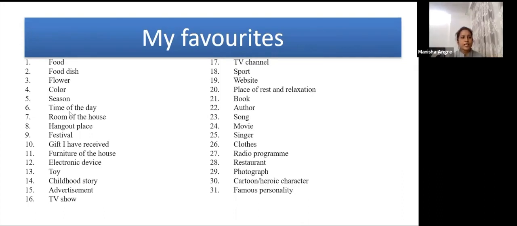Now coming to the next: time of the day. Some may like mornings, some may like evenings, and some people who are awake till late at night may say that they are late night people. Room of the house, your hangout place, festivals, gift I have received, furniture of the house. They may ask which is your favorite furniture of the house.